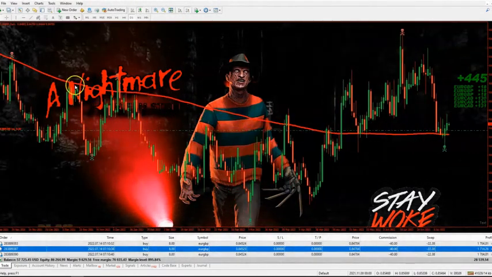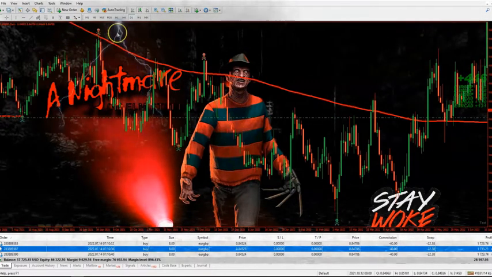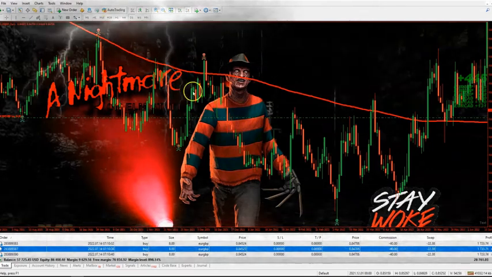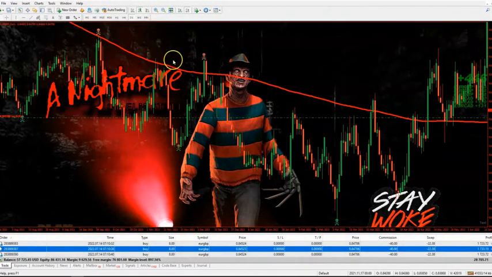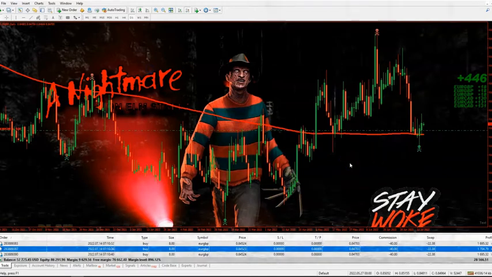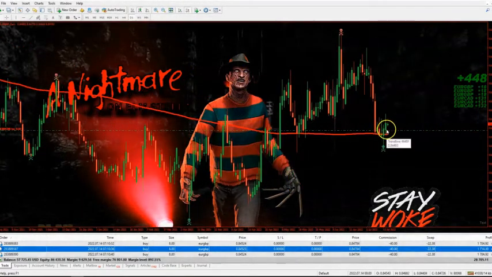There is a strategy that we'll probably cover in the next video: whenever you see a skull appear next to the 200 moving average, it's probably a good trade to be in. We have one here, one here, and obviously the one that we have here.